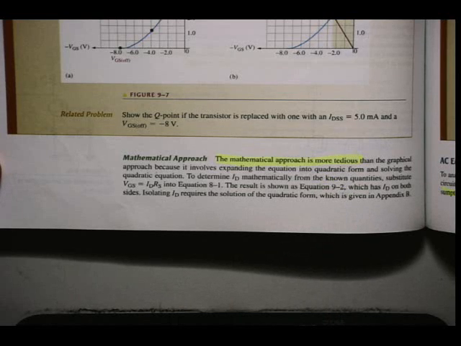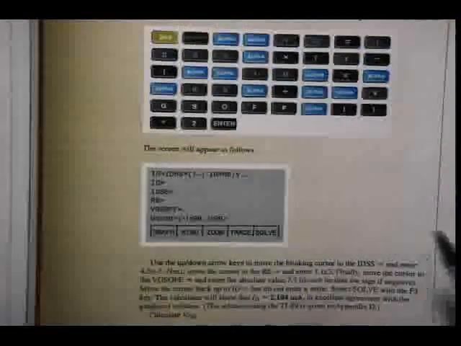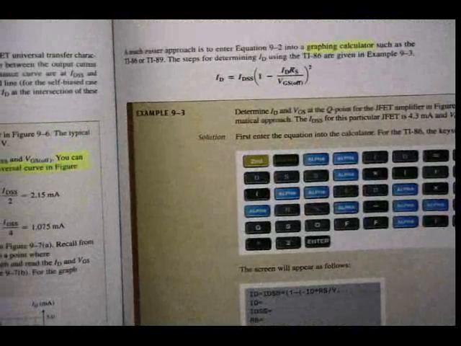It is more tedious because it involves expanding the equation into a quadratic form and solving the quadratic equation, which is a long mathematical thing, and we haven't got time for that, so we're not going to use that method. But you can do it though.